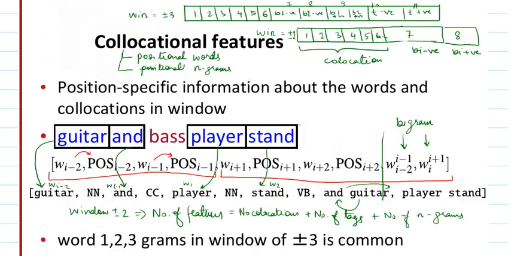In case of these collocational features, what we will do is assign codes to all the words present in this data set, all the words as well as n-grams. For all the sentences that are present here, I will create this kind of data set.